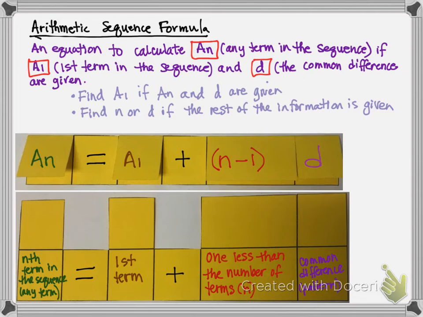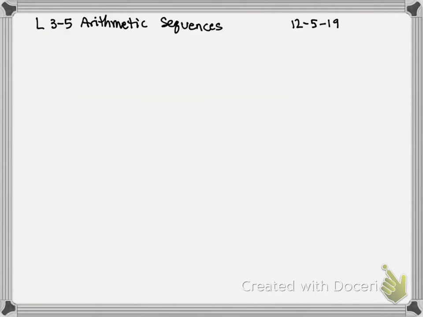So what is the pattern that leads from one number to the next? Common difference, and in parentheses, pattern. Okay, so we're just going to do 2 examples. Oops, let's go back to black.